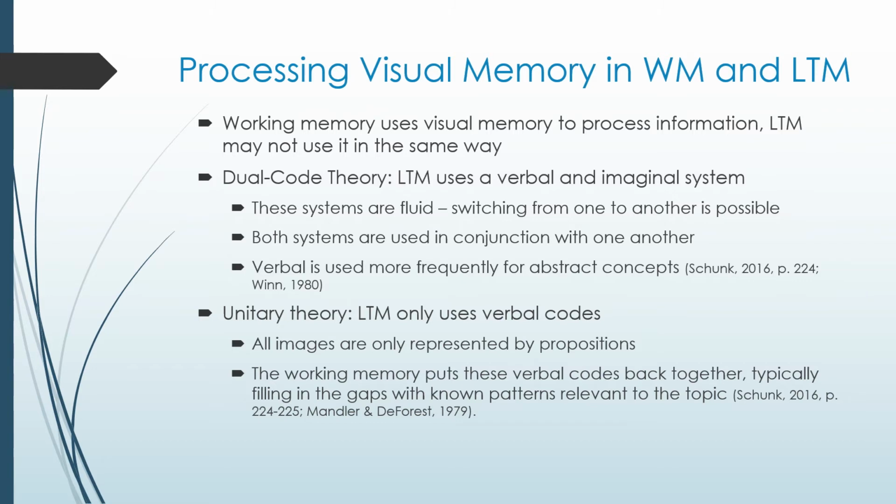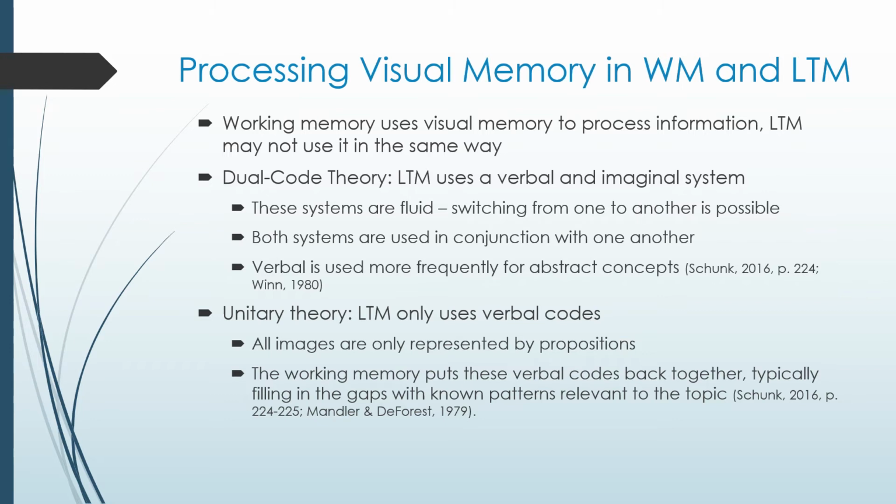The verbal system stores info in a text form, while the other system stores information as a series of images. It makes sense to see that these two systems are interchangeable, and it is possible to swap between systems. Studies that support the dual code theory show that people use both of these systems regularly. While both systems are used to recall concrete information, the verbal system is the only one used for abstract concepts.